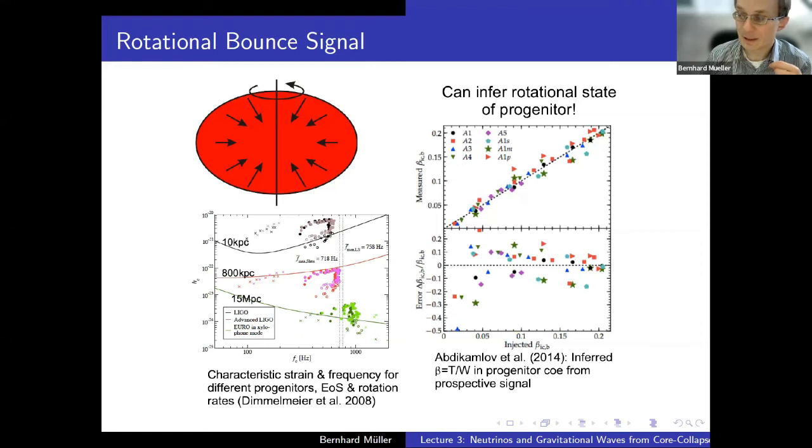There will then be transport processes of angular momentum that can take angular momentum out of the neutron star and distribute it into the ejecta, or vice versa. You can actually spin up your protoneutron star stochastically by these asymmetrical motions around it.